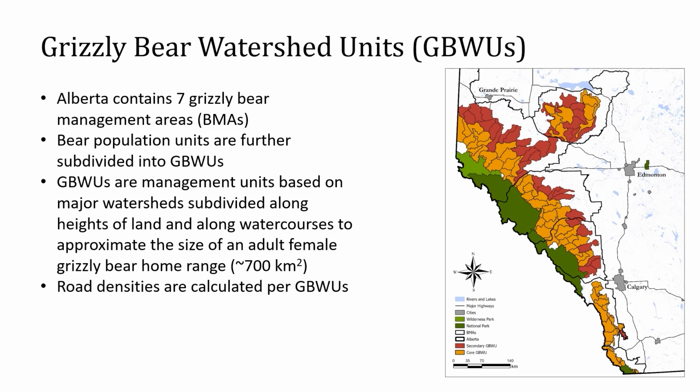Grizzly bear watershed units are management units based on major watersheds, subdivided along heights of land and along water courses to approximate the size of an adult female grizzly bear home range, which is approximately 700 kilometers squared. And we calculate our road densities per grizzly bear watershed unit.